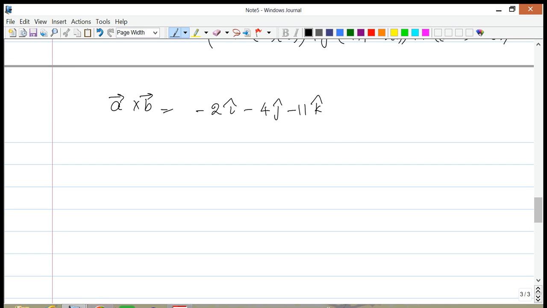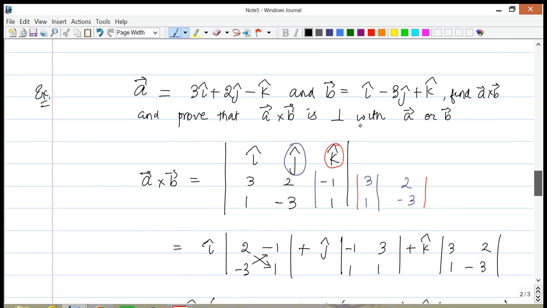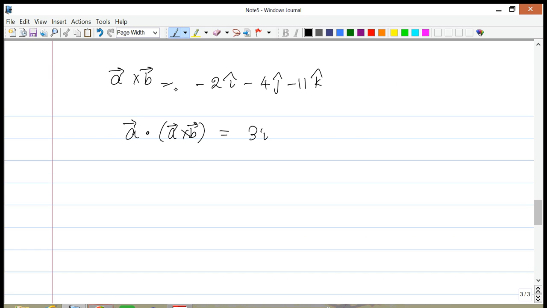Now what we want to show very quickly is that A cross B ends up being perpendicular with the vector A or B. So in order to do that, we'll take the dot product of A cross B with A. So we'll just do A dotted with A cross B. The vector A was 3, 2, minus 1, so it was 3 i hat plus 2 j hat minus k hat, and I'm going to dot this with minus 2 i hat minus 4 j hat minus 11 k hat.